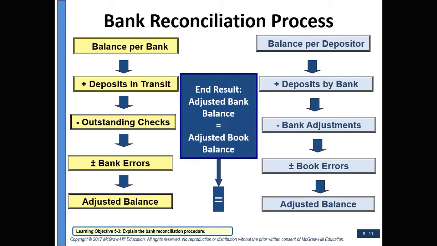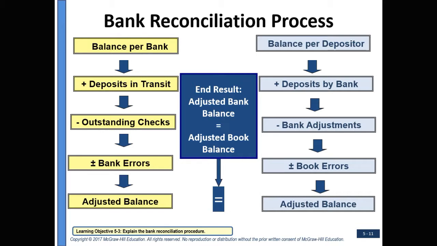We then subtract outstanding checks. These are checks that have been drawn on the accounts by the depositor. So we wrote these checks, but they haven't made it to the bank for payment to be cleared. We add or subtract any bank errors that are discovered to ascertain what the adjusted bank statement balance is.